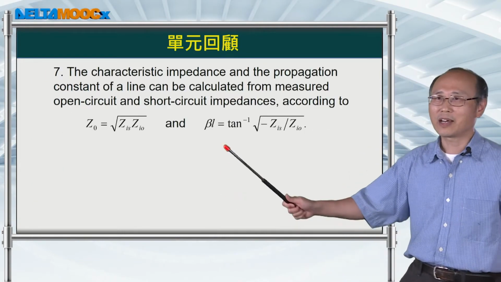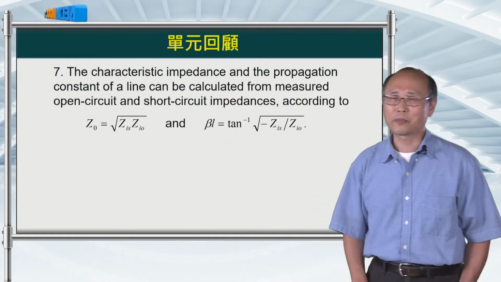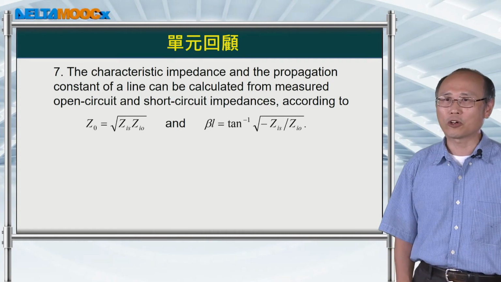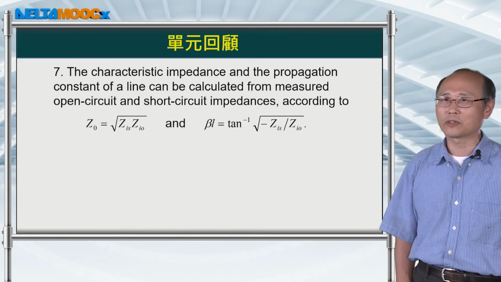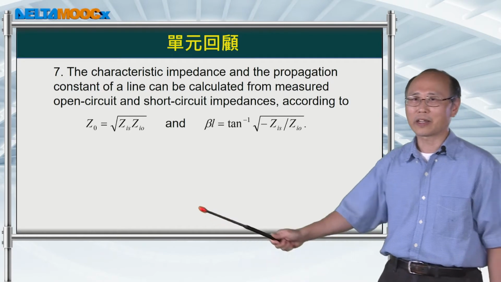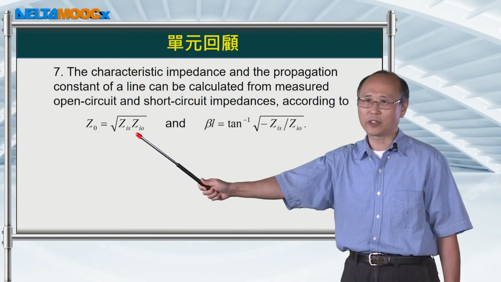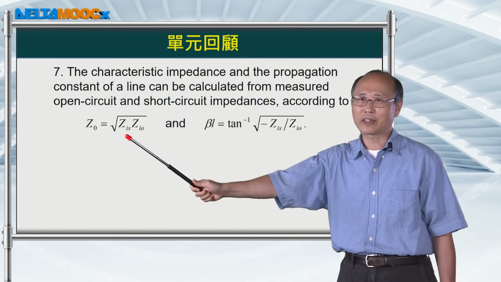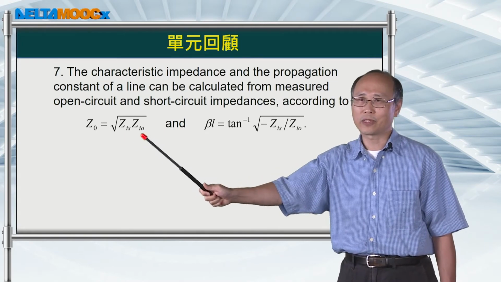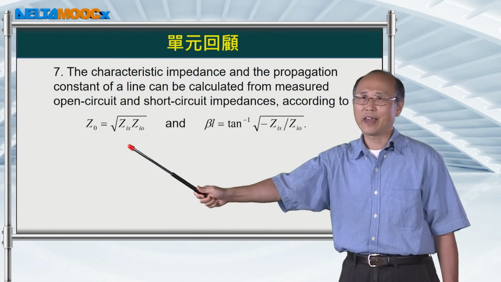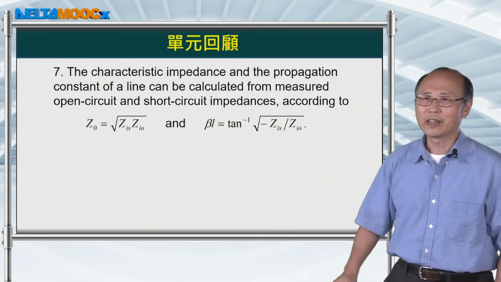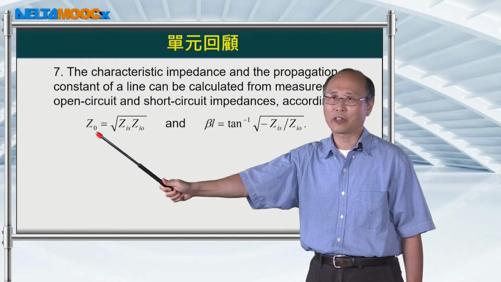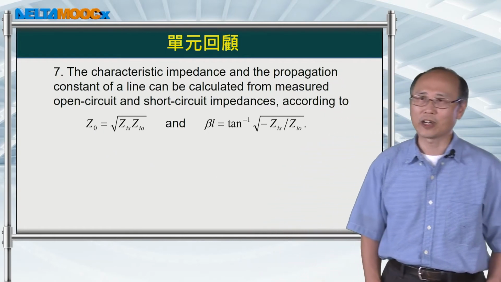One important application of the short circuit and open circuit transmission line is to deduce the characteristic impedance of a transmission line. For example, if you multiply the open circuit input impedance with the short circuit input impedance and take the square root, you can determine the characteristic impedance of the transmission line.